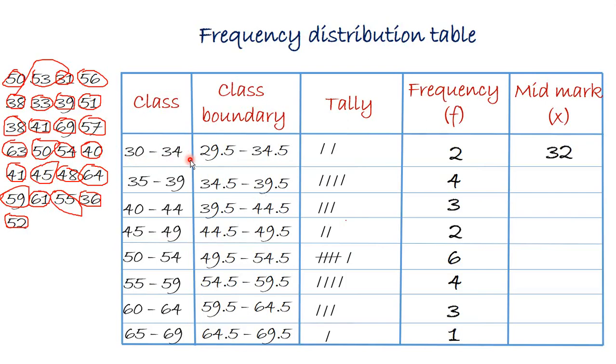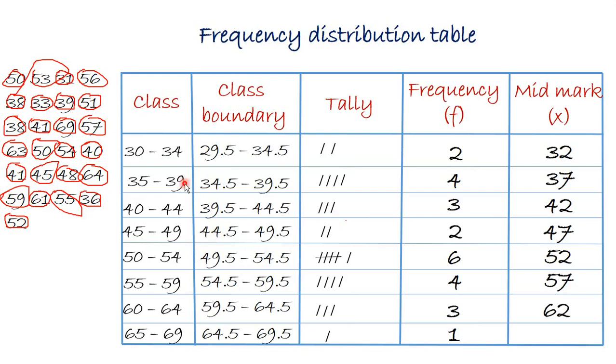And then 35 plus 39 divided by 2 will give you 37. 40 plus 44 divided by 2, that is 42. 45 plus 49 divided by 2, that's 47. 50 to 54, that is 50 plus 54 divided by 2, 52. 55 plus 59 divided by 2, that is 57. 60 plus 64 divided by 2, that is 62.